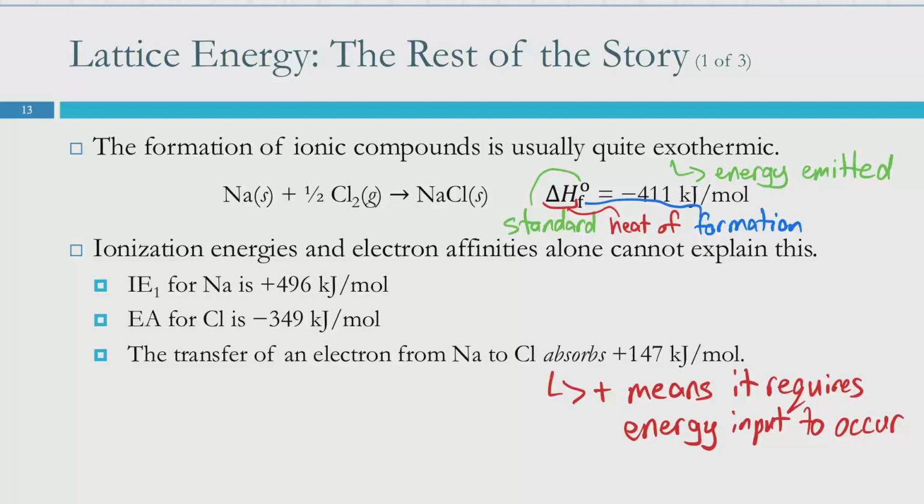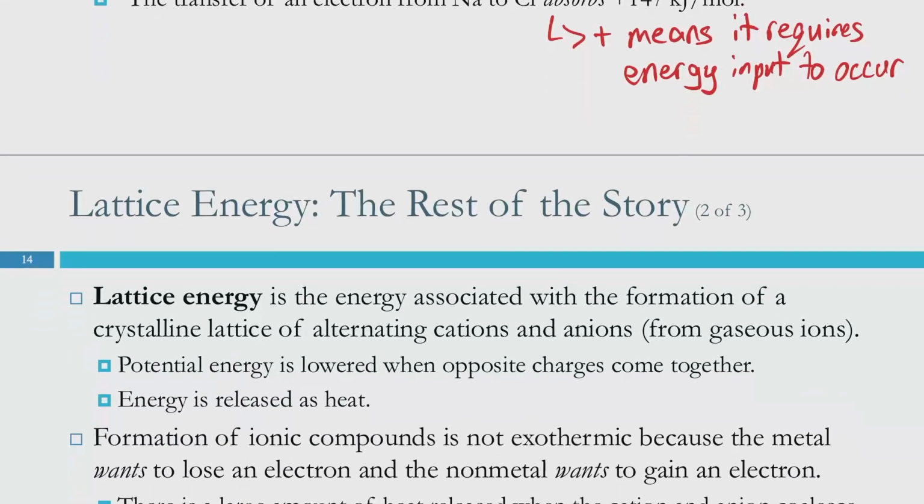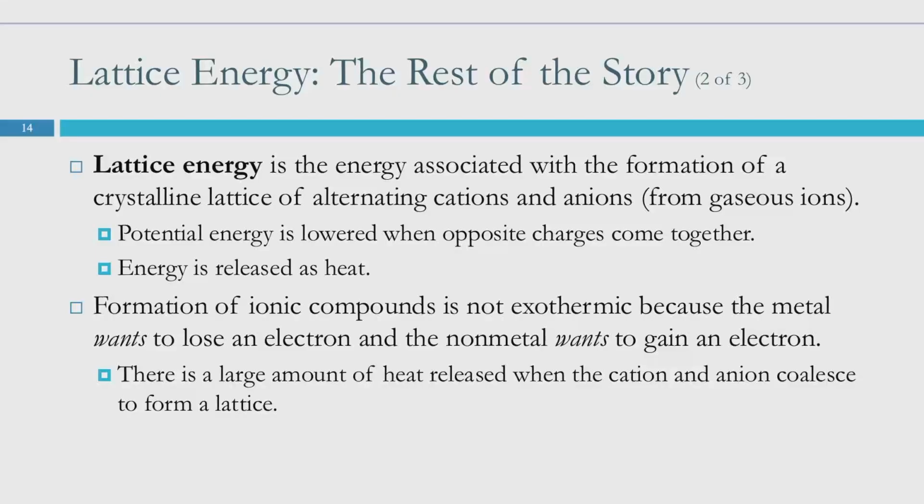So there's got to be something else going on, since our standard heat of formation is a negative number. There's some other energy exchange, some other forces at play here, and lattice energy is that other force. Lattice energy refers to a crystalline lattice, a framework or repeating pattern of alternating cations, positively charged, and anions, negatively charged ions.